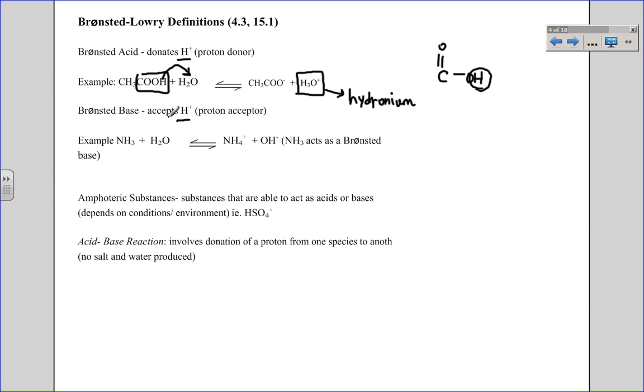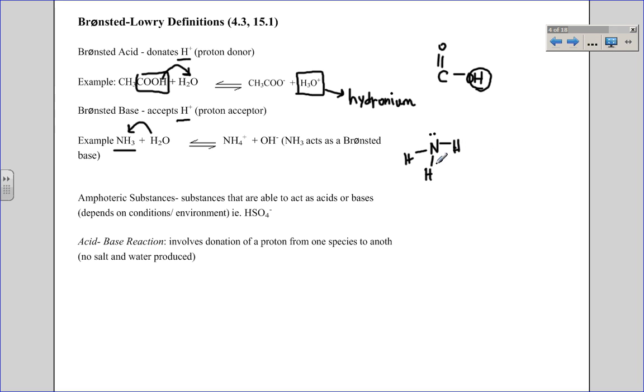Bronsted bases are substances that accept protons. So let's look at the base that didn't fit the Arrhenius definition, NH3. NH3 has the ability to accept a proton from water. We can draw NH3, it's pyramidal, and this is ammonia.